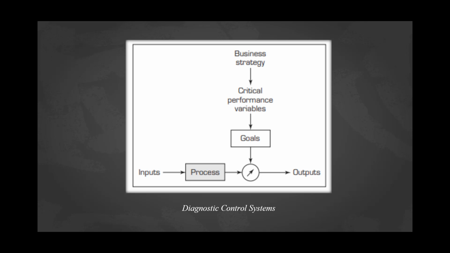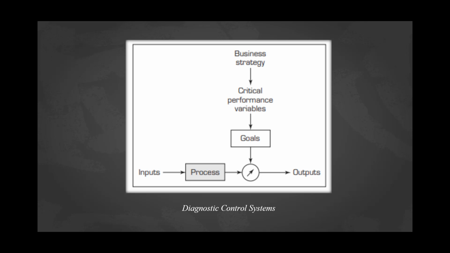A diagnostic control system is a cybernetic system, meaning that it has inputs, a process for transforming the inputs into outputs, a standard or benchmark against which to compare the outputs, and a feedback channel to allow information on variances between the outputs and the standard to be communicated and acted upon.